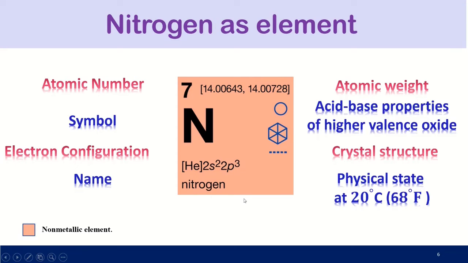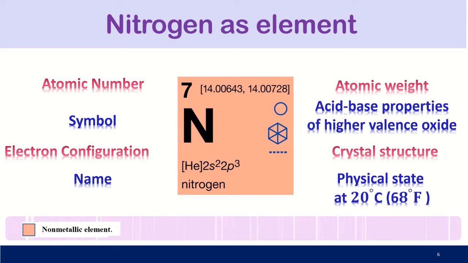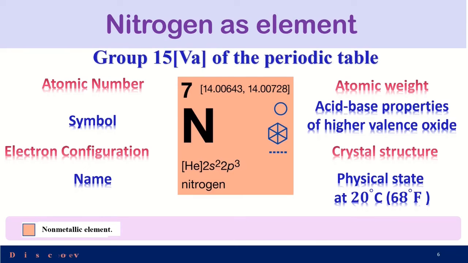Now, let's see nitrogen as an element. In the periodic table, nitrogen is a group 15 element. The color of this box indicates it is a non-metallic element.